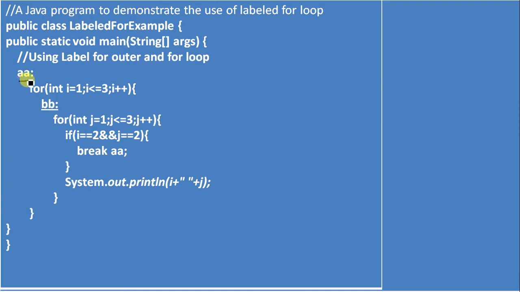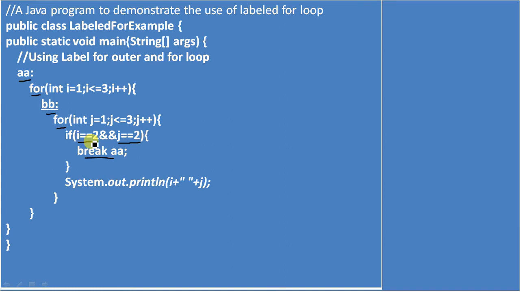The outer for loop name is AA, suppose, and again we define an inner for loop, and the inner for loop label is BB. And on some condition, like when the value of i is 2 and the value of j is 2, break AA. Break AA means it will break the execution of the outer for loop.